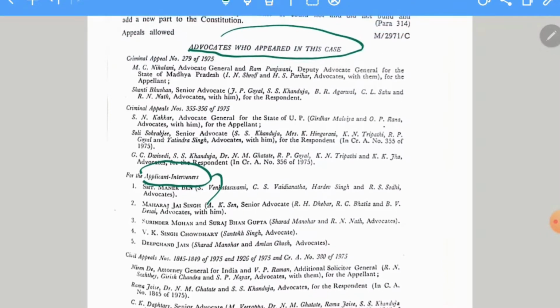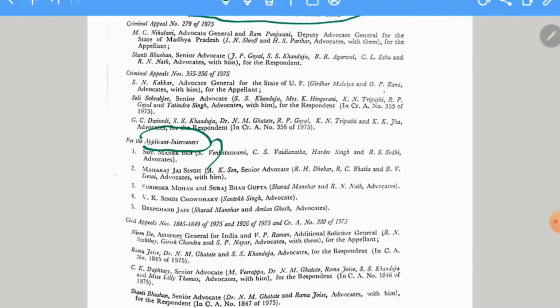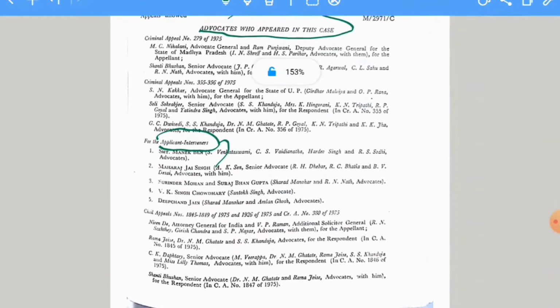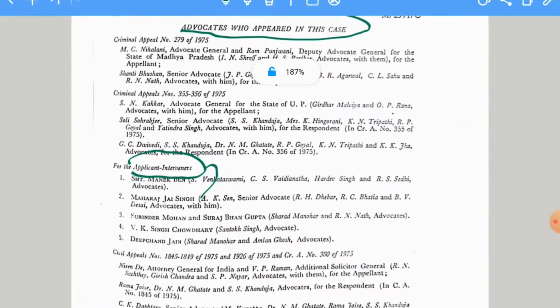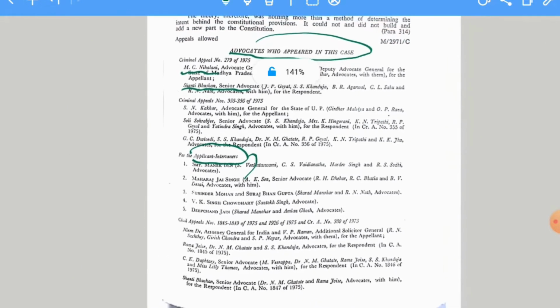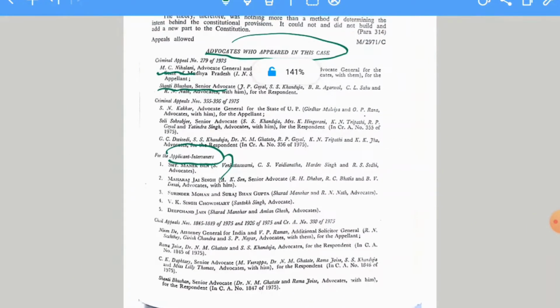Then there are those who intervened. From the state you can see the Advocate General Mr. M.C. Nilhani, and Santi Bhushan, Senior Advocate, who also appeared from the side of the government. So this is the way you can find the names of the advocates who appeared in this case.